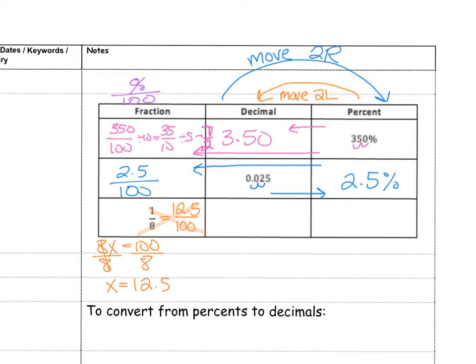And if I know that, I know the fraction is the percent over 100, so the percent is given to me now. My percent is 12.5%. And once I know that, I can easily write my decimal by moving that decimal over to 0.125.